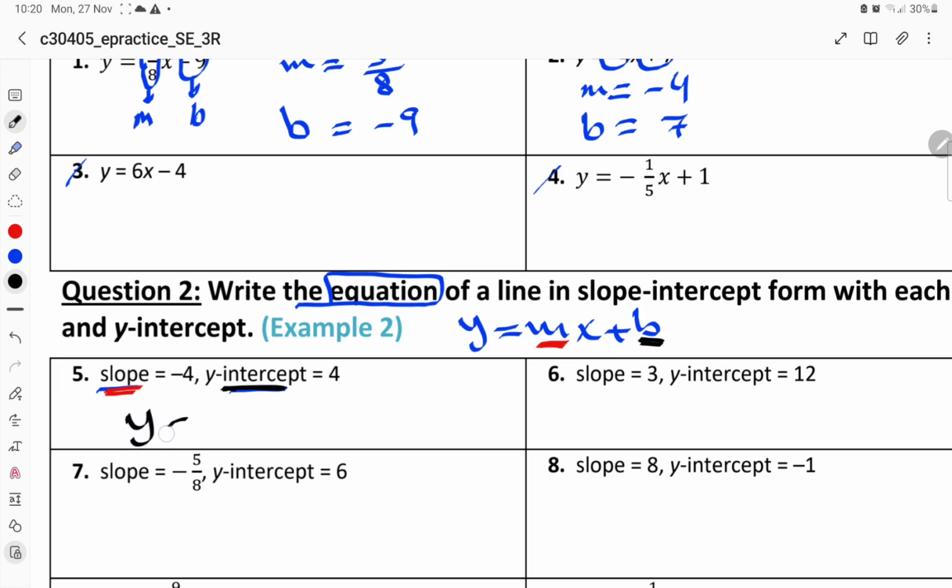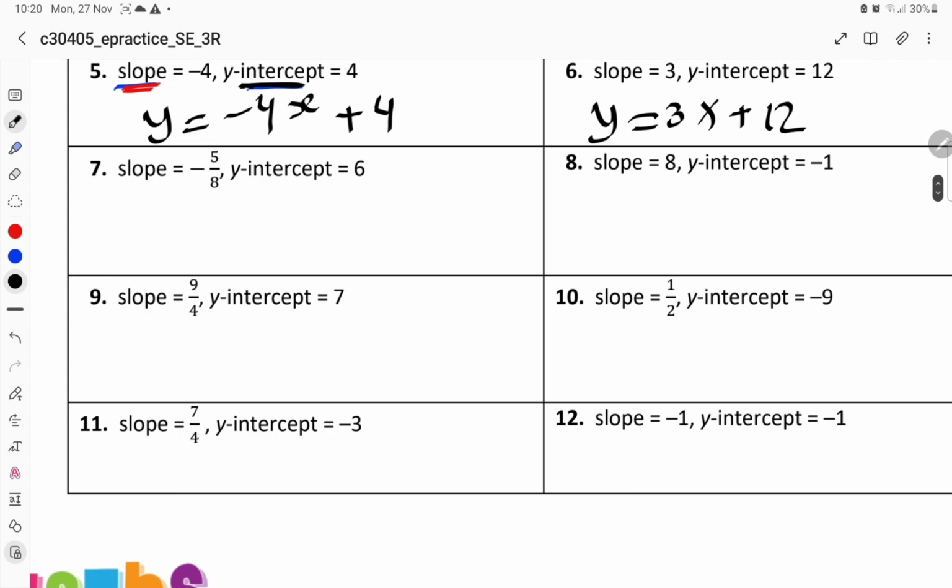So the equation is y equals m, which is -4, x plus b. What is b? It is 4, and that's it. Y equals, the slope is 3, 3x plus b, the y-intercept, 12. The others are also the same.